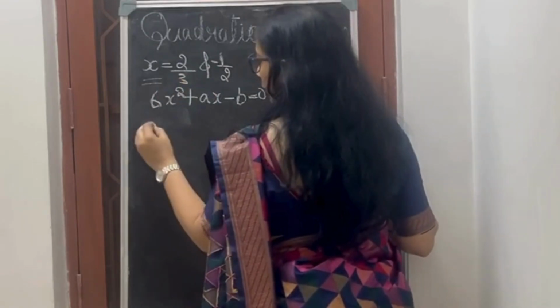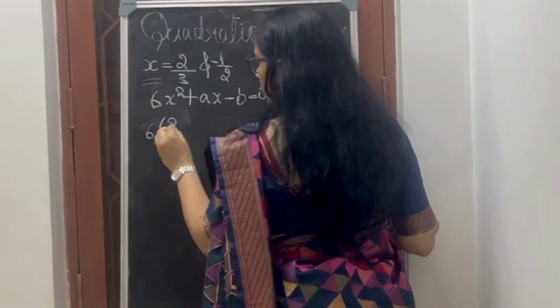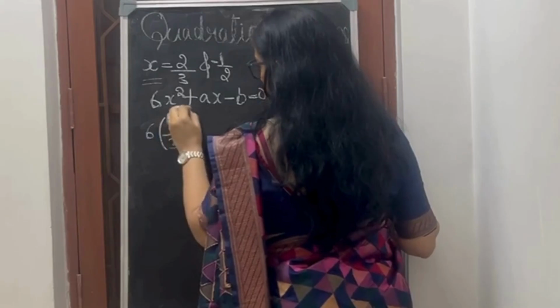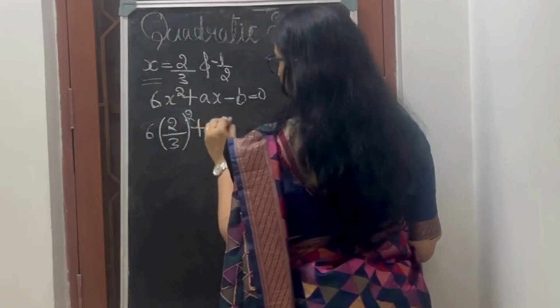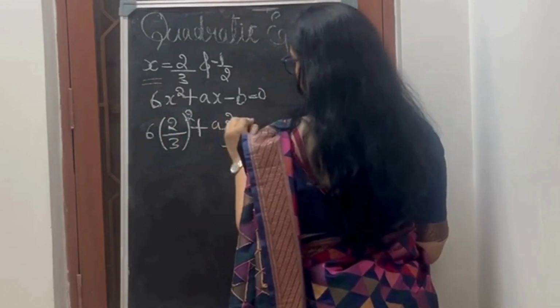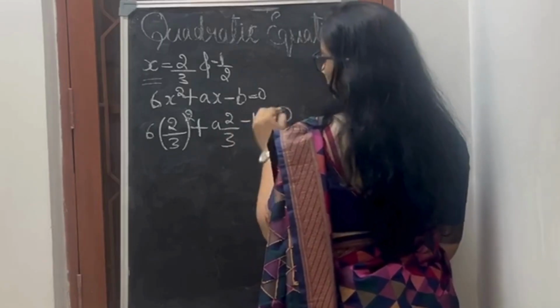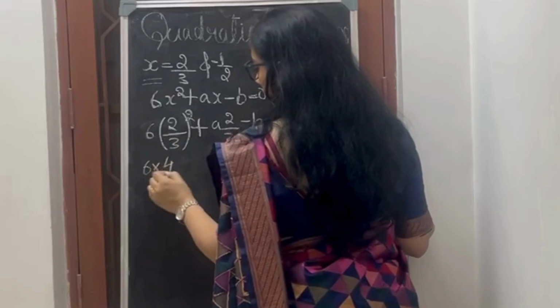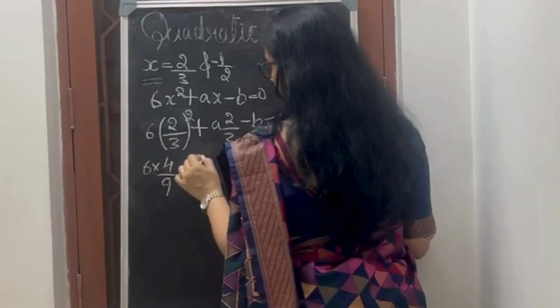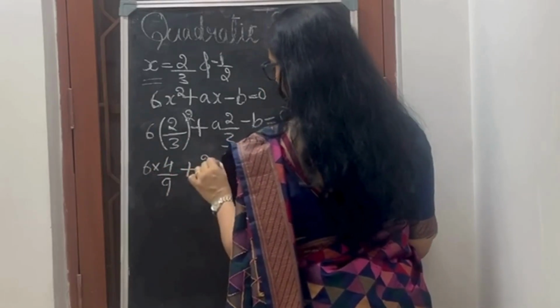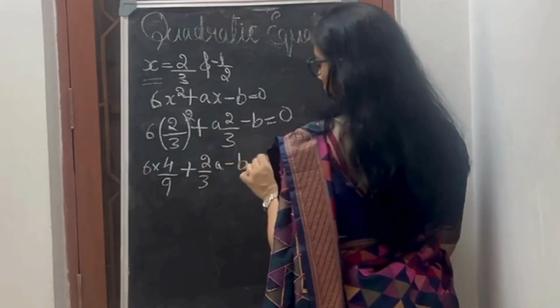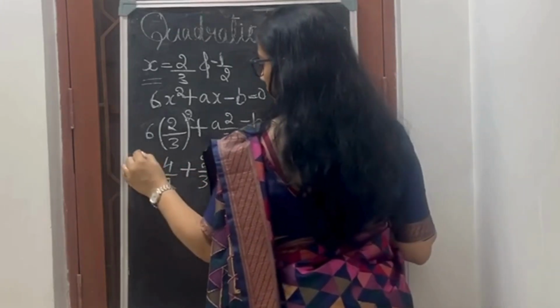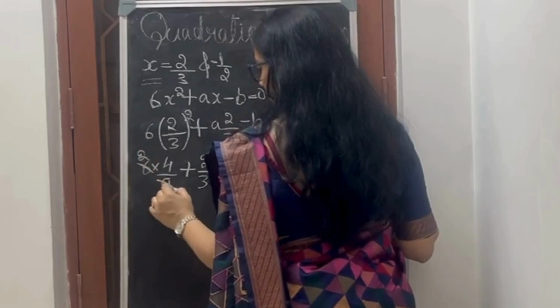We'll first take this value and solve the equation. It is 2 by 3 the whole square, not 6 square. Remember that. Don't make that silly mistake. Many people do it. So that is 6 into 4 by 9 plus 2 by 3 a minus b. 3 2s are 6 and 3 3s are 9.